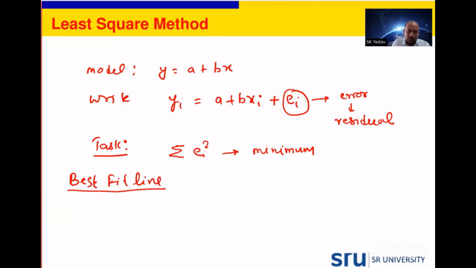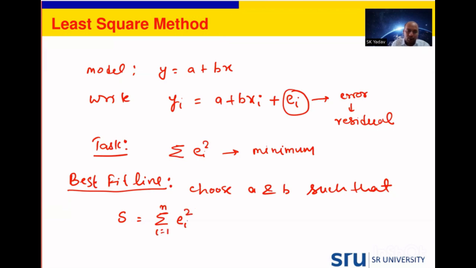Now I am focusing only on the straight line. We have to choose a and b such that the sum of squares of residual, I am writing here S equal to sum of ei square where i equal to 1 to n, where n is the total number of data points, that is, how many x and y values are given.